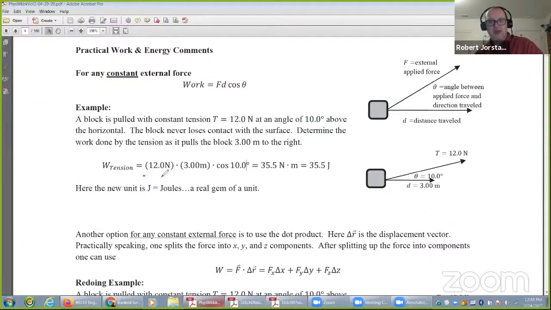We just plug in the magnitude, the displacement magnitude, which is the distance, and then the angle, right? And we get a number. Now, this Newton meters is very similar to the unit of torque, but this is an energy calculation. So you're supposed to know, oh, work and energy are in units of joules, a real gem of a unit.